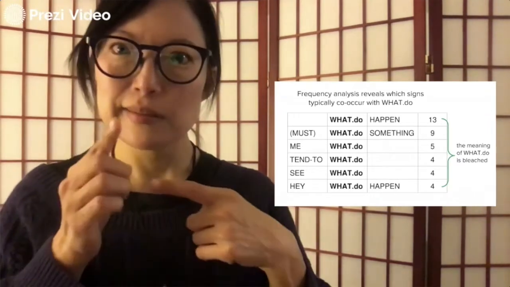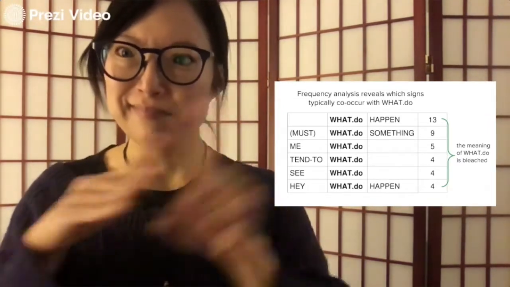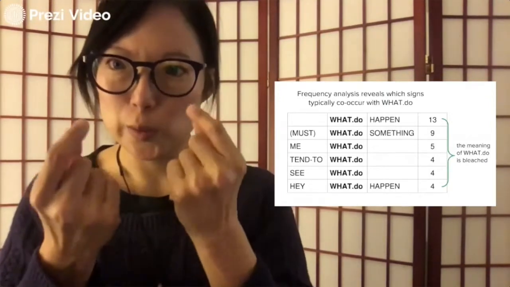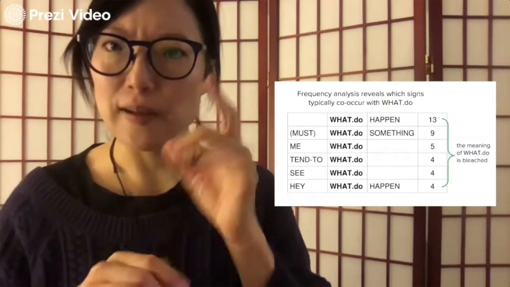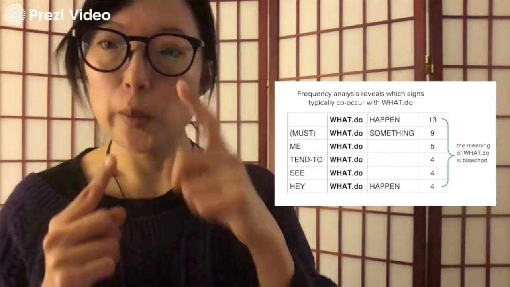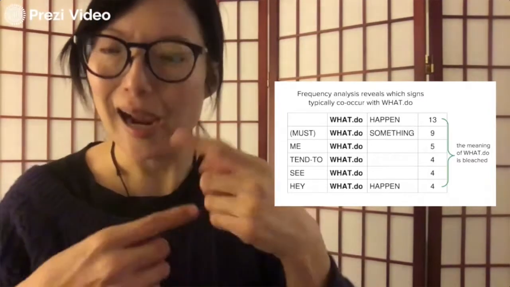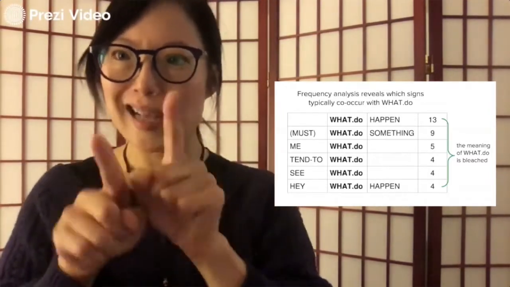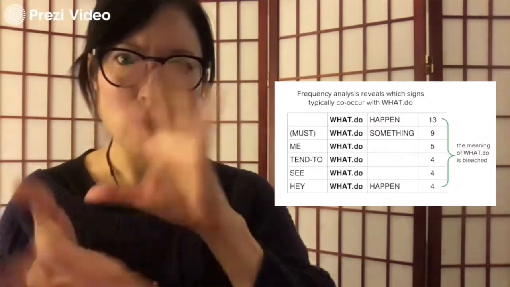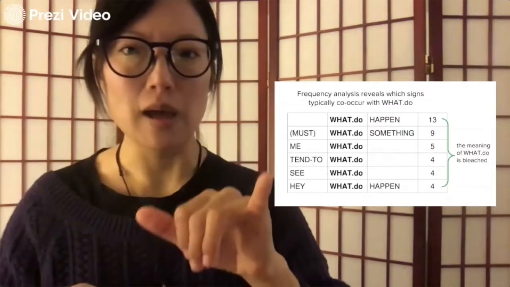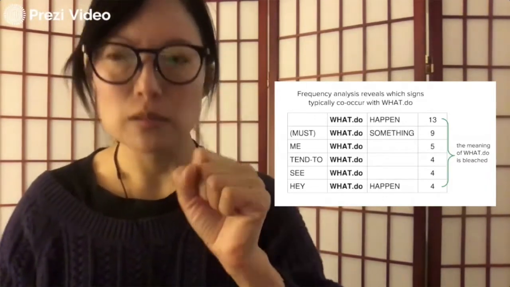This table shows the frequency analysis of which signs tend to co-occur with what do sequence. We can understand the functions of what do better when we look at its relationship with other signs and what the signs produced together as a sequence mean. Looking at the sequences overall, it's clear that what do often co-occurs with verbs.